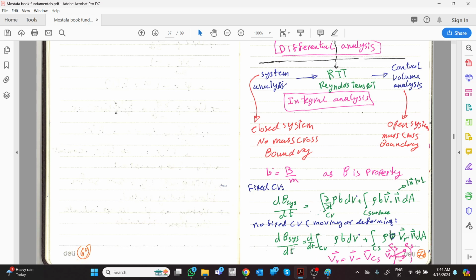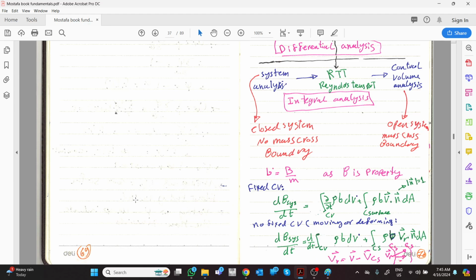What is the definition of it? It is the same concept. It is d by dt, but we put it outside, or dV, etc., plus the same. But remember that here the velocity becomes the relative velocity.